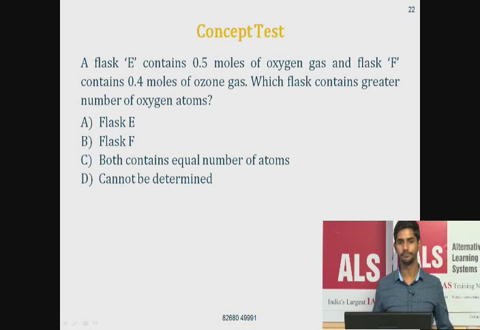Now tell me the answer for this question. Okay, Presidency College has given the answer. Itanagar and Senapati, guys, what do you think? What can be the answer for this one?